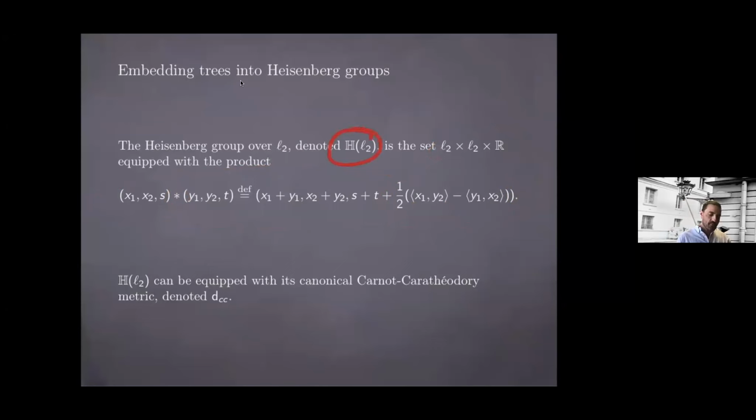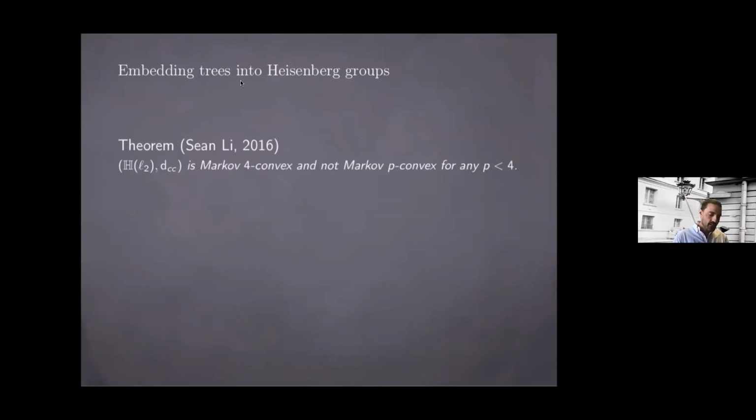The Heisenberg group over L2, the infinite dimensional Heisenberg group, is just this set equipped with this group operation. Now, this group can be equipped with a metric, the Carnot-Carathéodory metric, which we will denote by d_CC, okay? I'm not going to tell you how this metric is defined. For us, you just have a group that has a metric that is left invariant and things like that, okay?